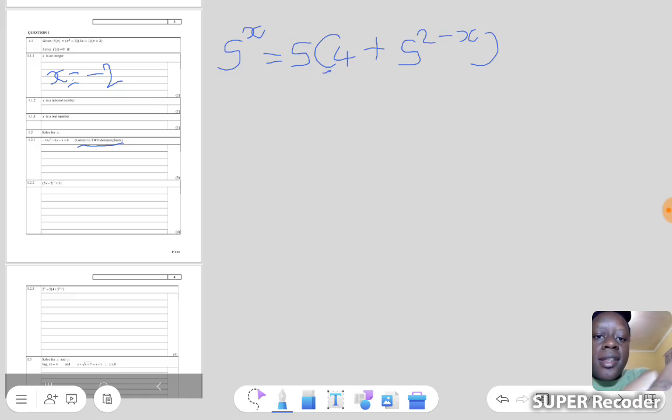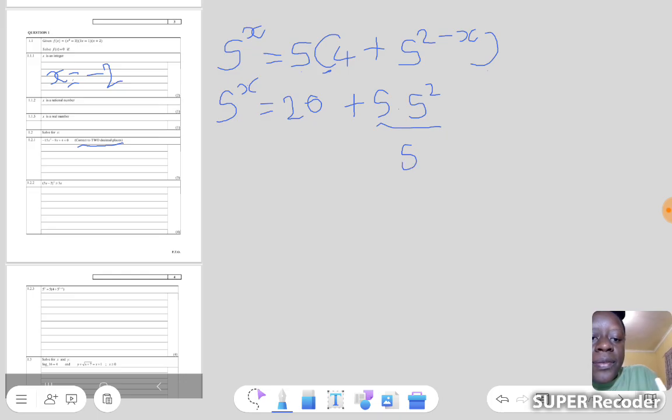Firstly, let's get rid of those brackets. 5 to the power x is equals to 5 multiplied by 4, giving us 20. Then plus 5 multiplied by 5 to the power 2 divided by 5 to the power x.